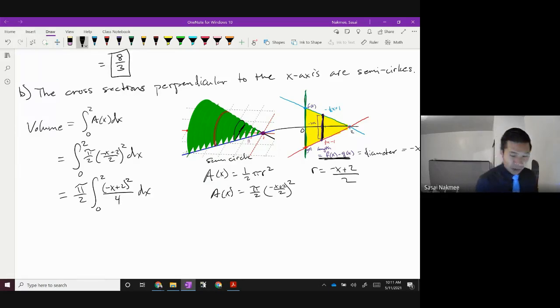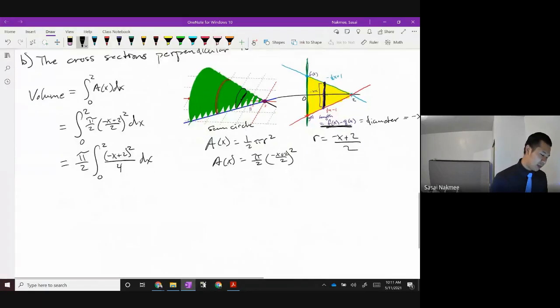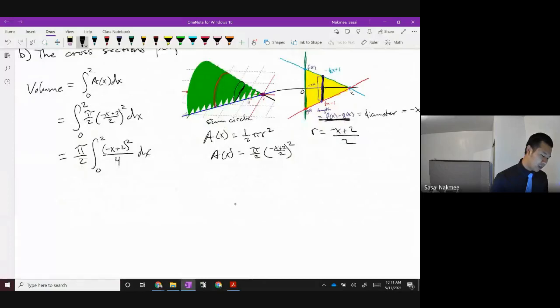And I can take that 4 out as well. It's just another coefficient, right? There's no x's in that denominator. I can write that out in front. So I can go ahead and multiply that out to the front of my integral. So I can write this as pi over 2 times 4, which gives me 8, times the integral from 0 to 2 of negative x plus 2 squared dx.